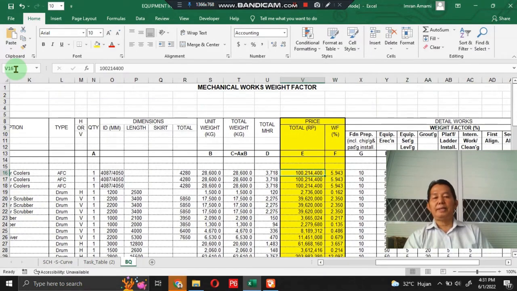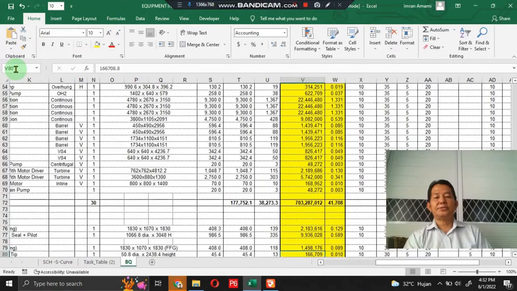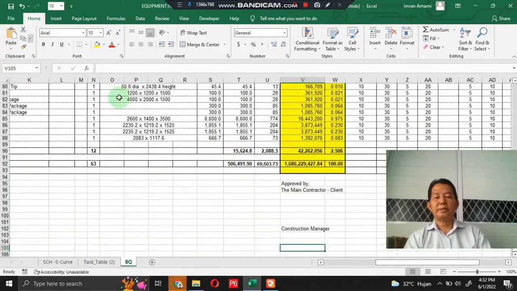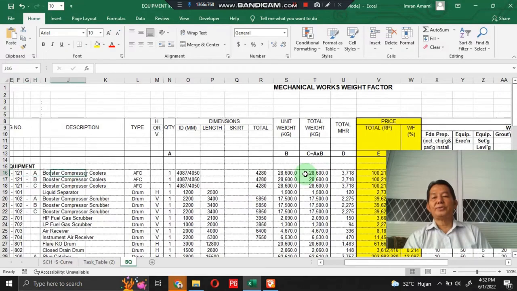Then we divide this contract price by the total contract price in the cell V92, then multiply by 100, and we get the weight factor based on contract price for booster compressor coolers.